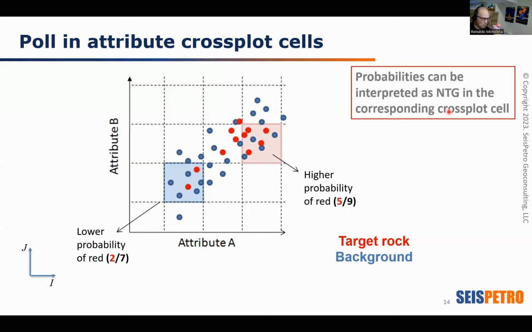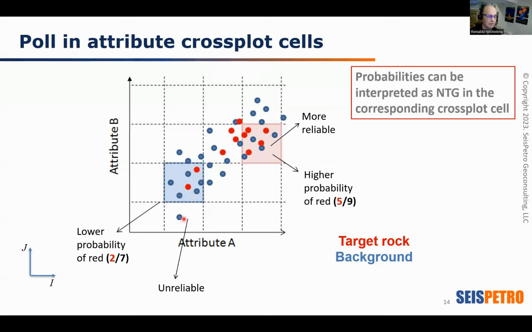We know that the larger the sample size, the more reliable the results will be. So the results that we obtain from cells based on 9 samples will be more reliable than the results from cells that have only 7, and even much more reliable than results obtained from this cell that has only 1 individual.